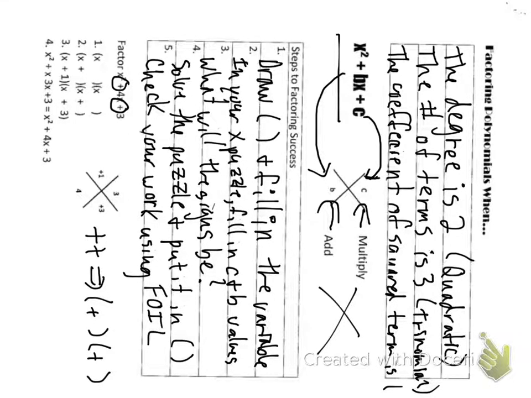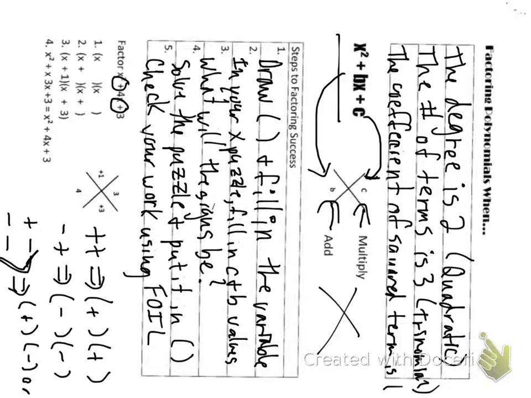If the first one's a negative, second one's a positive, then your 2 signs will both be negative. If the first one's plus and the second one's minus, or if they're both minus minus, then your 2 signs will either be plus minus or minus plus.